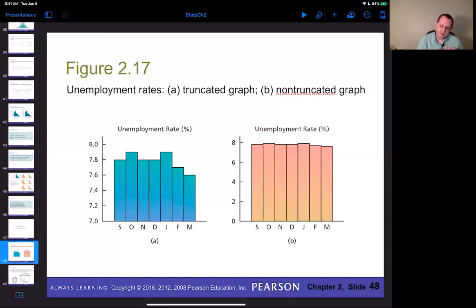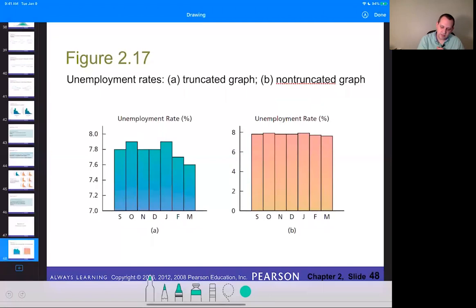This graph on the left really highlights whether the unemployment rate is increasing or decreasing from the month before. That's what it does best, and that's why we would want to use that graph versus the other. The other graph isn't telling you much about the change. It's telling you roughly what the unemployment is overall.